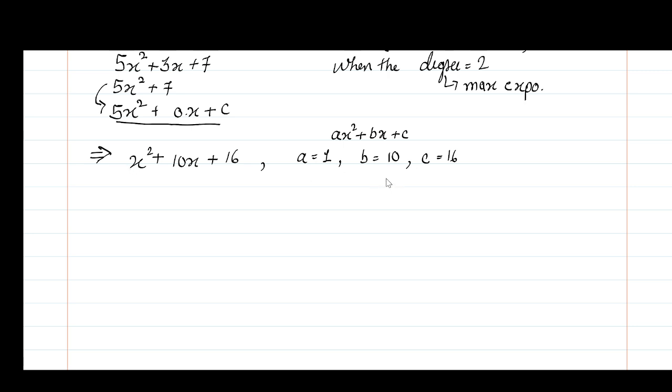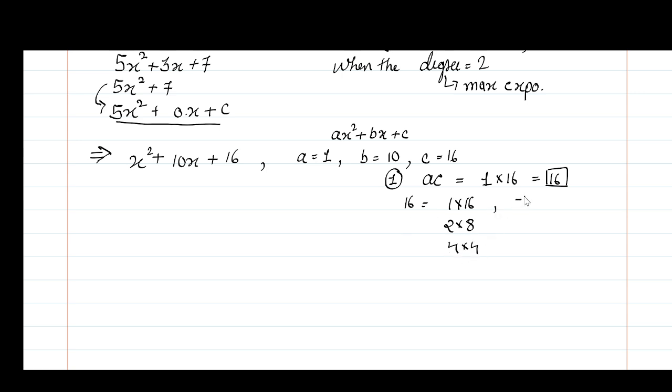So the very first step is to multiply A and C. Find the product AC, that is 1 times 16 equals 16. So that number plays a very important role here, 16. 16 is a product of 1 times 16, yes, of course. 16 is a product of 2 times 8, right? 16 is a product of 4 times 4, right?